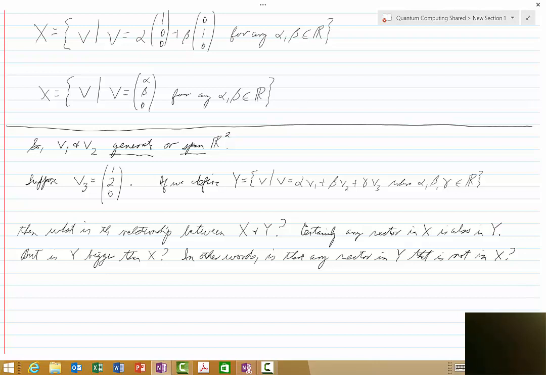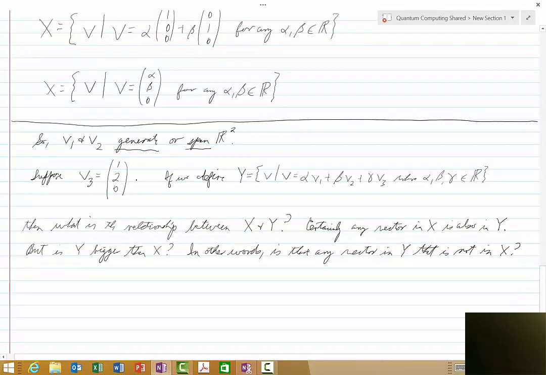Just try your best to grasp this idea, and certainly don't hesitate to ask me questions either by email or in class if you have some trouble with it. But in order to answer this question of whether there's any vector in y that is not in x, I want to re-examine the definition of y.